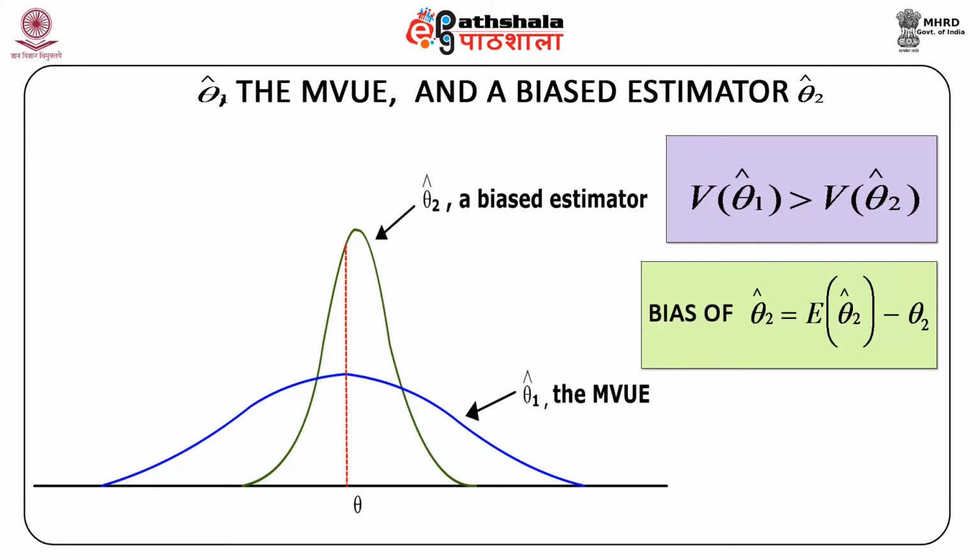Bias of theta 2 hat is equal to expected value of theta 2 hat minus theta 2. The distribution of the biased estimator is clustered close to the true parameter value and has a higher probability of giving an estimate very close to the true value.